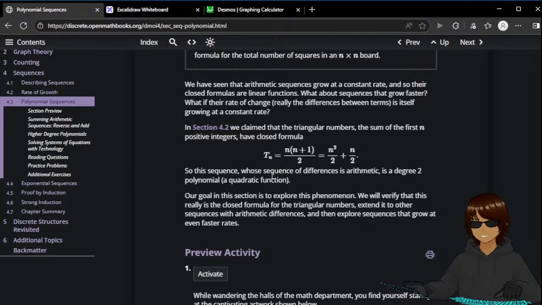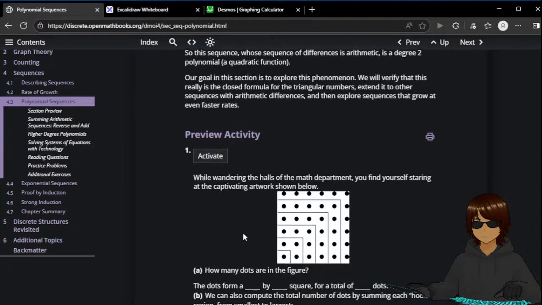So this sequence, whose sequence of differences is arithmetic, is a degree 2 polynomial, a quadratic function. Our goal in this section is to explore this phenomenon. We will verify that this really is the closed formula for the triangular numbers, extend it to other sequences with arithmetic differences, and then explore sequences that grow at even faster rates.